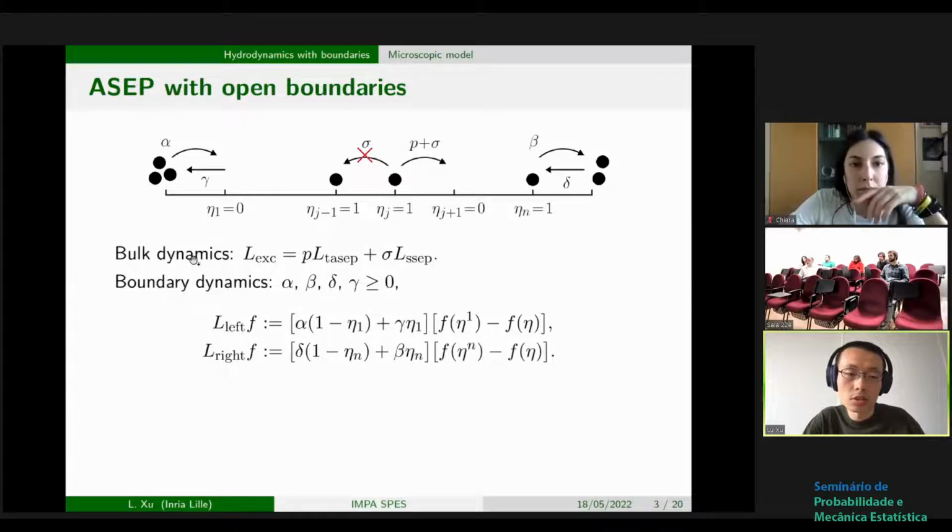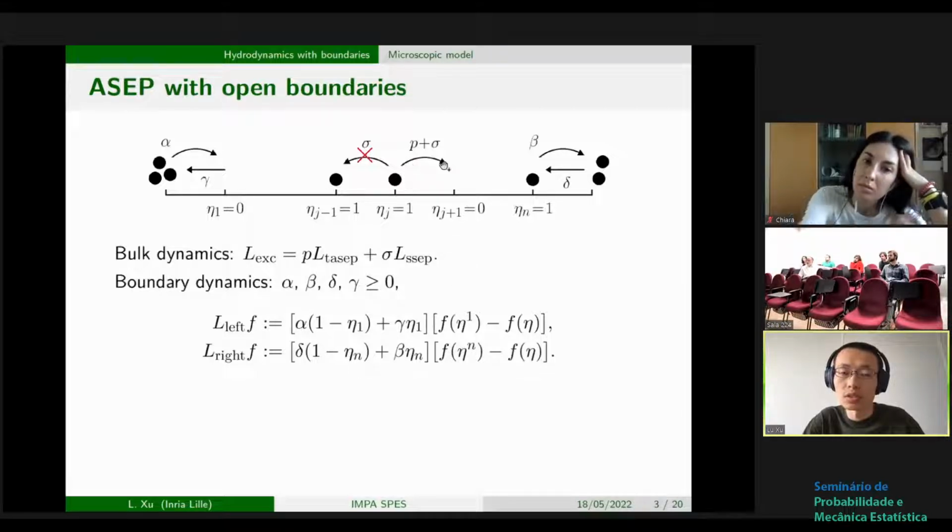In the bulk, the jump rate is p plus sigma to the right and sigma to the left, with the exclusion rule. So the bulk generator is p times the totally asymmetric one plus sigma times the symmetric one.